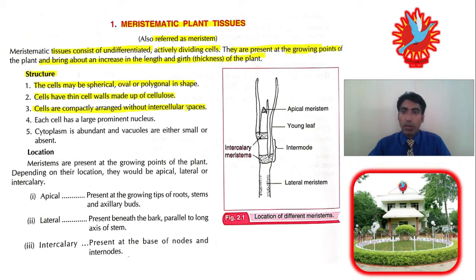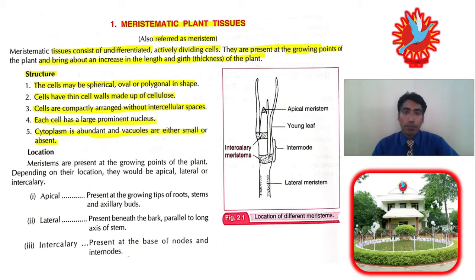So intercellular spaces generally are not present among the cells of the meristematic tissue. Each cell has a large prominent nucleus. So this is the main characteristic of eukaryotic cells. Cytoplasm is abundant and vacuoles are either small or absent.